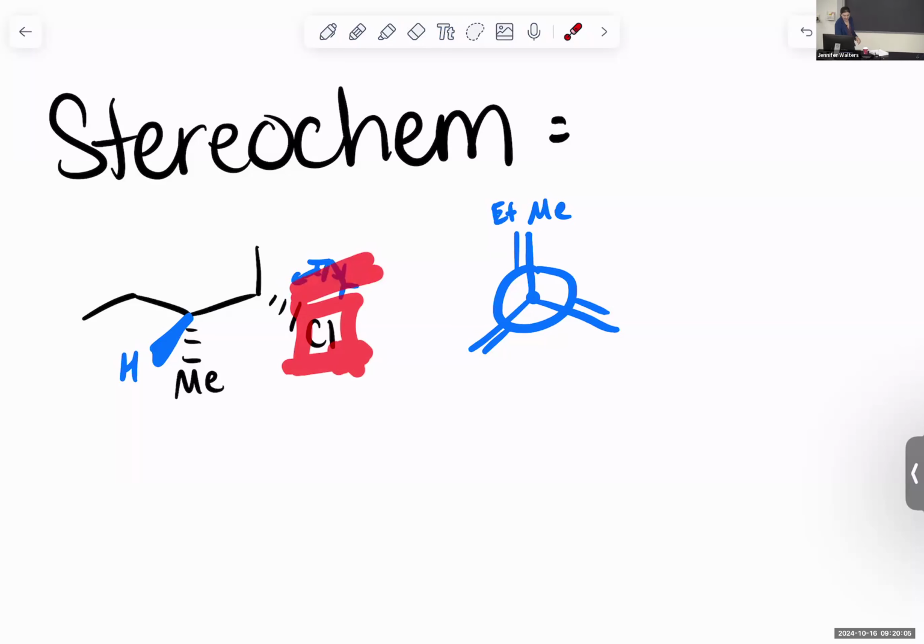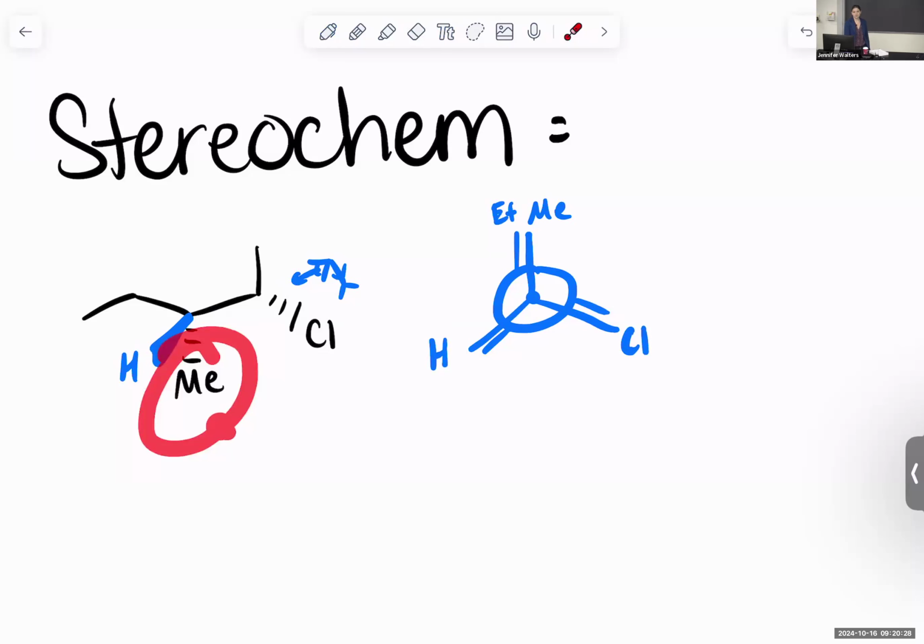If I'm looking at it that way, into the plane is on my right-hand side. And that's my front carbon, so it's got to be coming off the dot. And then the hydrogen is to the left. So where is this methyl going to be, left or right? On the right.